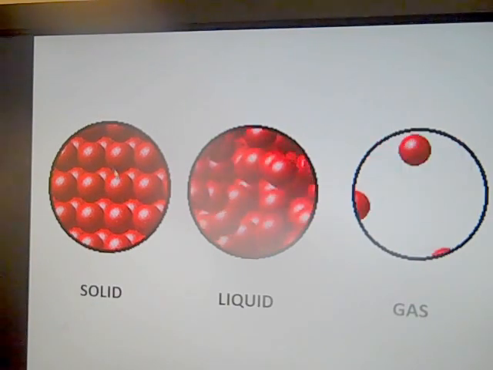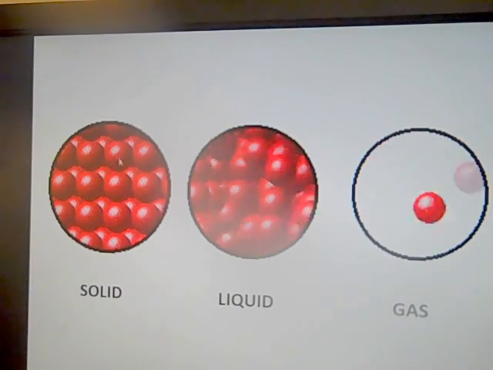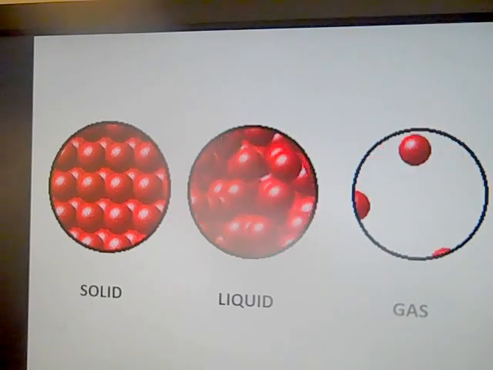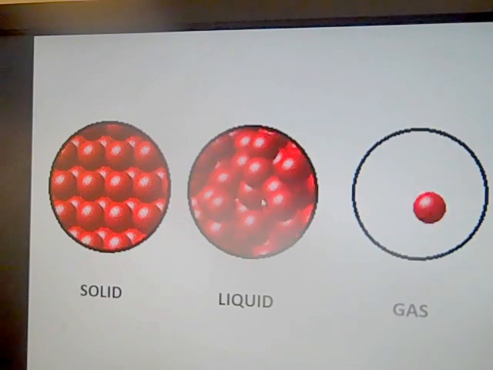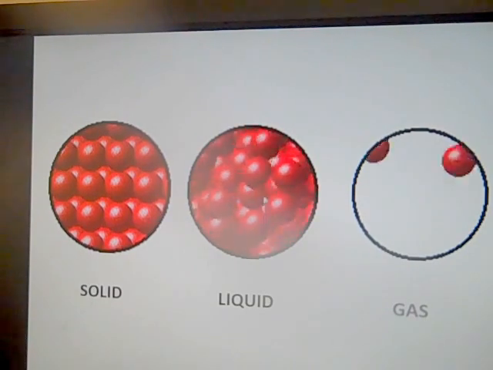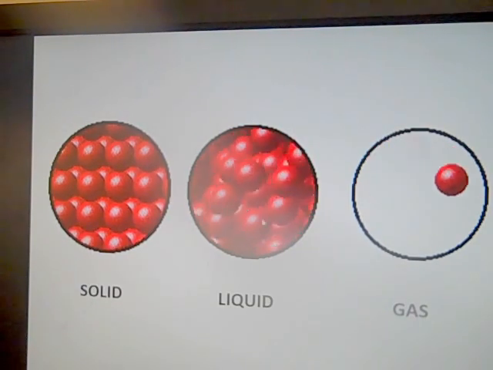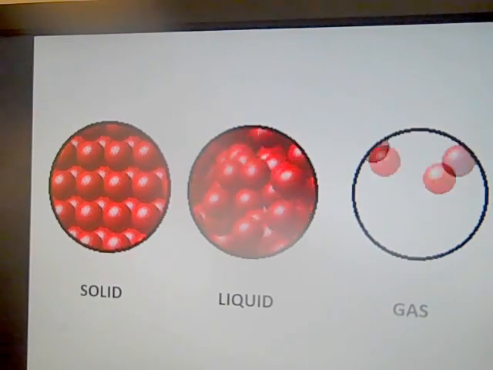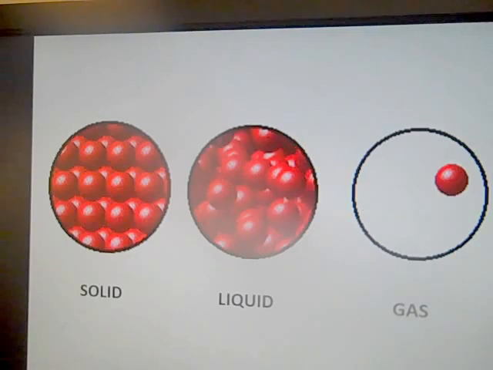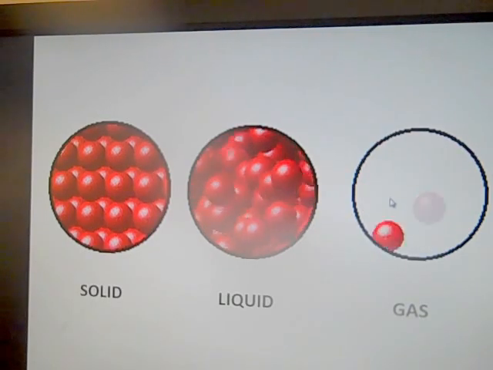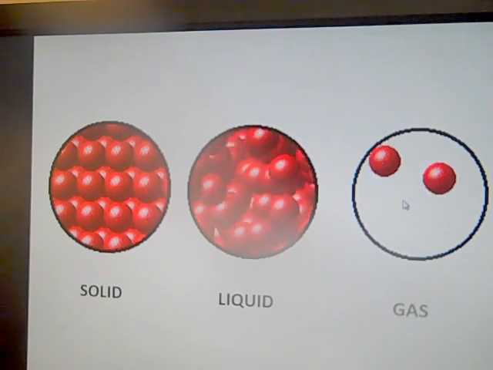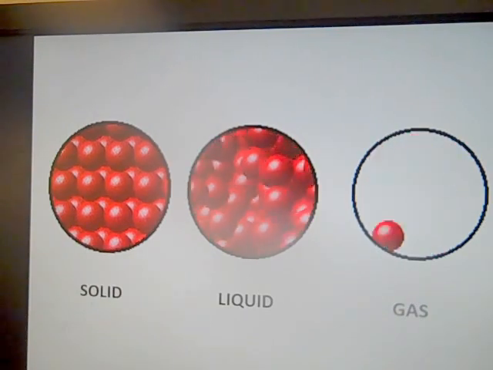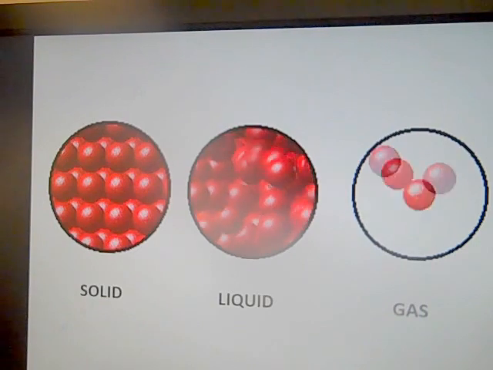So for example, this is a solid phase here. We can see the molecules here are definitely in contact with each other, so there are attractive and repulsive forces to take into account. If you look here with my mouse pointer, showing the liquid phase, liquid molecules are touching each other right here. In the gas phase, the molecules only touch each other momentarily, and so the attractive and repulsive forces are very small.